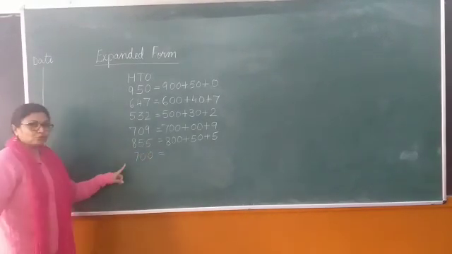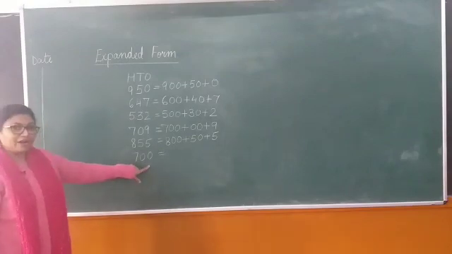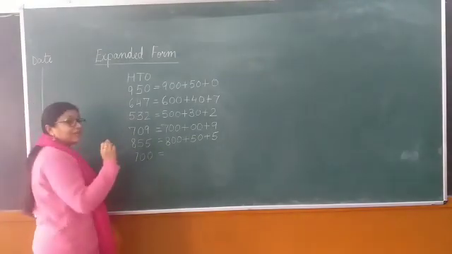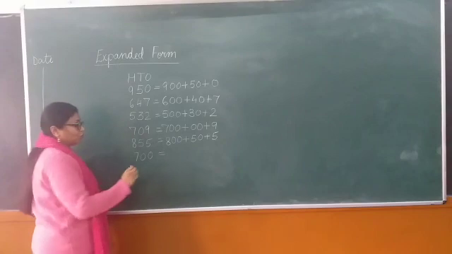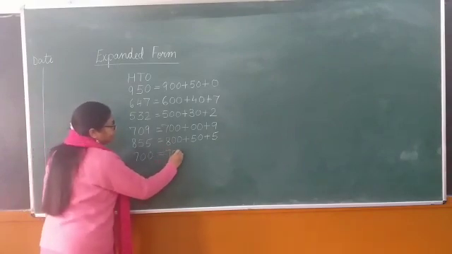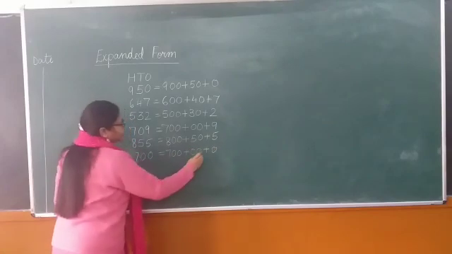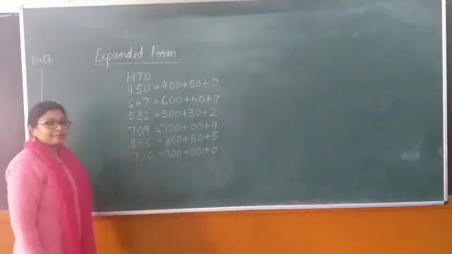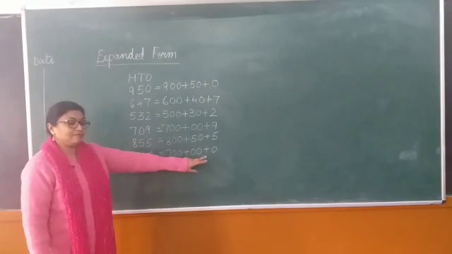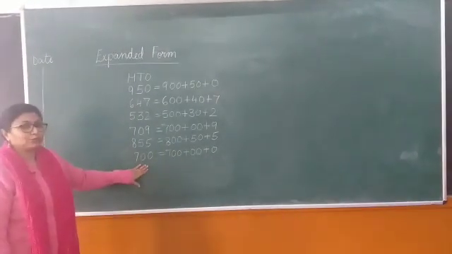Now what will we do? This is 700, but still we have to show the place value of 0 also. So we will write 700 plus 00 plus 0, that is tens place and ones place. You must show the place value. We have to show this place value. Alright.